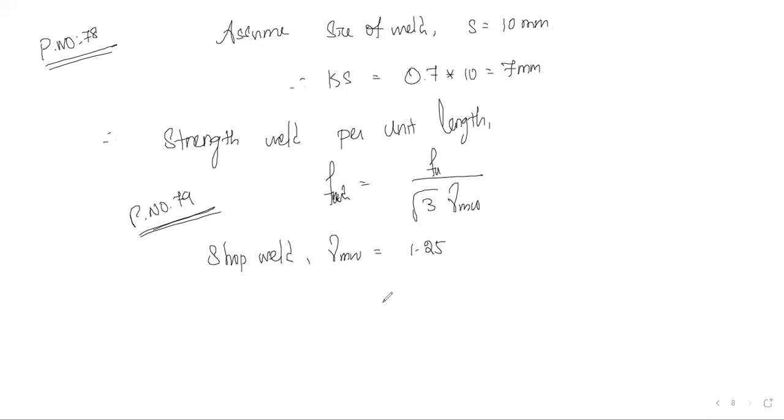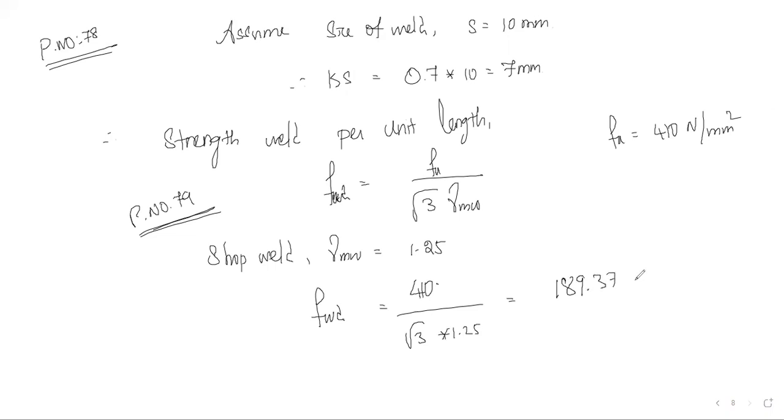So ultimate strength F u is equal to 410 Newton per mm square. So 410 divided by root 3 into 1.25, then the value becomes 189.37 Newton per mm, which is less than our strength QW.